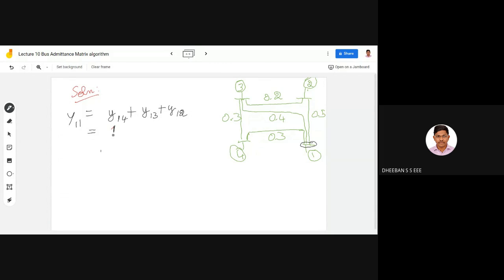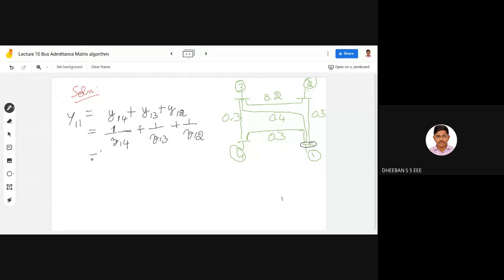So you have to take the reciprocal of it. So Y14 will be 1 divided by 0.3. Otherwise, you can have it like this: 1 divided by Z14 plus 1 by Z13 plus 1 by Z12.